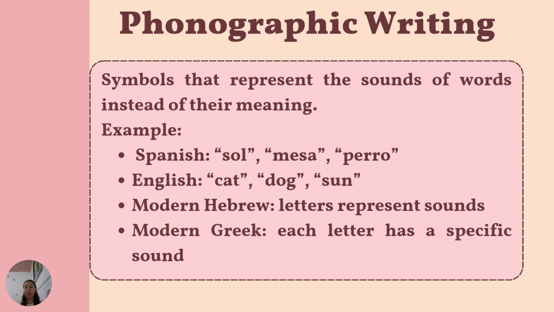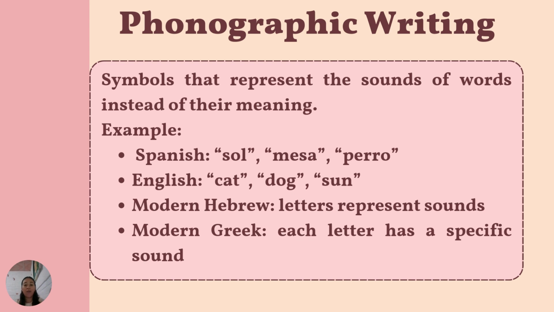For example, in Spanish, the letters in sol, mesa, or perro each represent sounds. In English, it's the same with words like cat, dog, or son. Modern Hebrew and modern Greek also use letters where each one represents a specific sound, right?